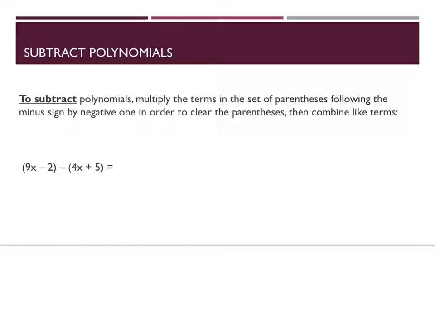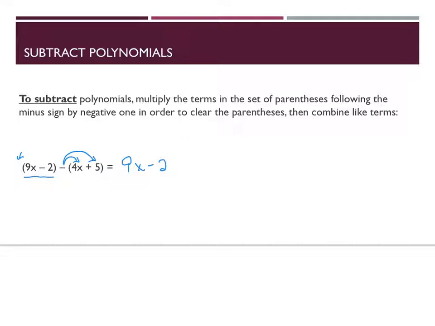Now if I subtract, it's a little bit more difficult. This first set of parentheses, I've got nothing in front of them. So to get rid of those parentheses, I just drop them. 9x minus 2. But we just learned a negative outside of parentheses has to be distributed.